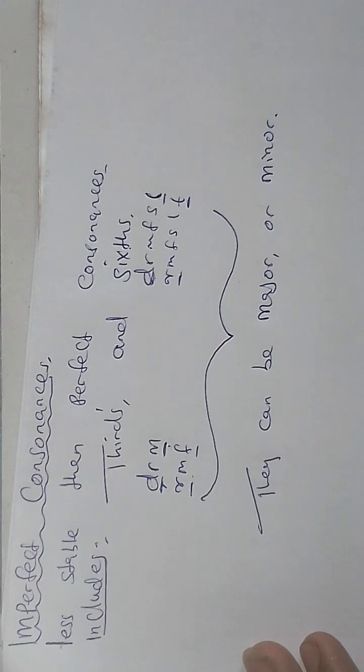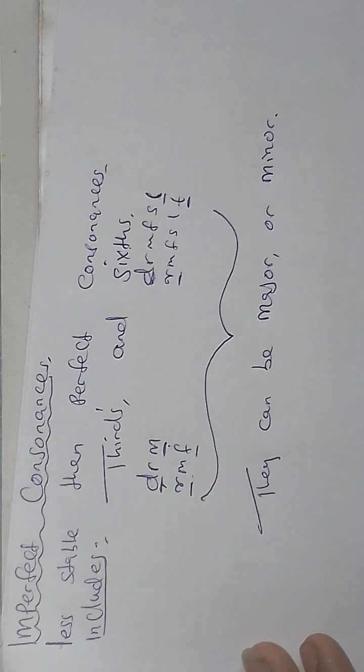We are getting into more details, so you don't have to worry. So those are the imperfect consonances we have. We have thirds and sixths, as shown on the screen, and both of them can be either major or minor.